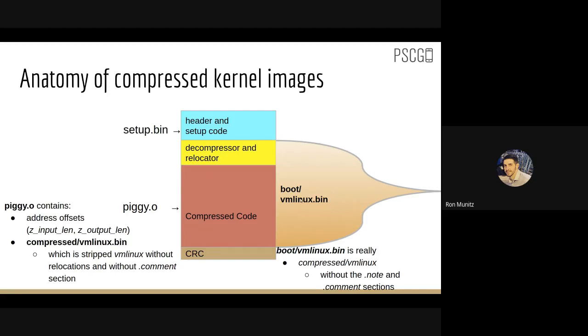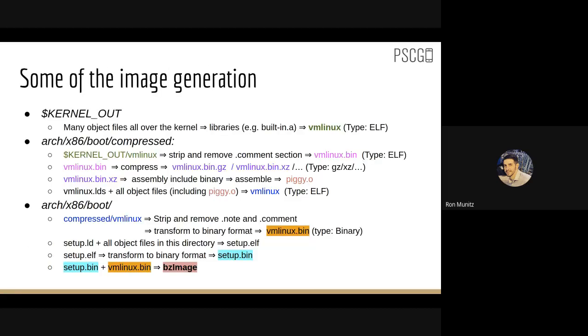We're going to have vmlinux.bin that contains the things that are not the header code, okay? And an important file that is part of this one is called piggy.o that actually lets the kernel piggyback its compression, okay? So we will see all these kinds of things.